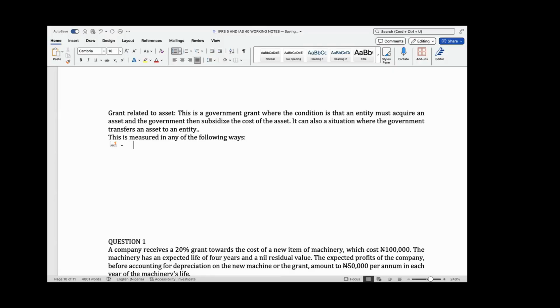Number one is either you deduct the grant from the carrying amount or cost of the assets.